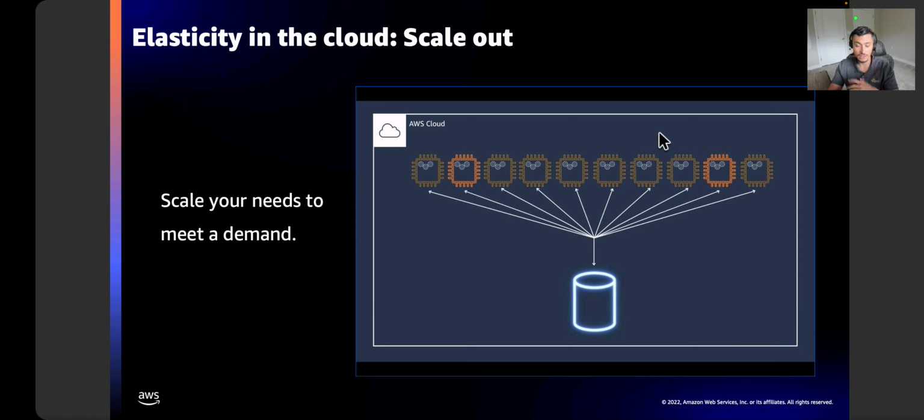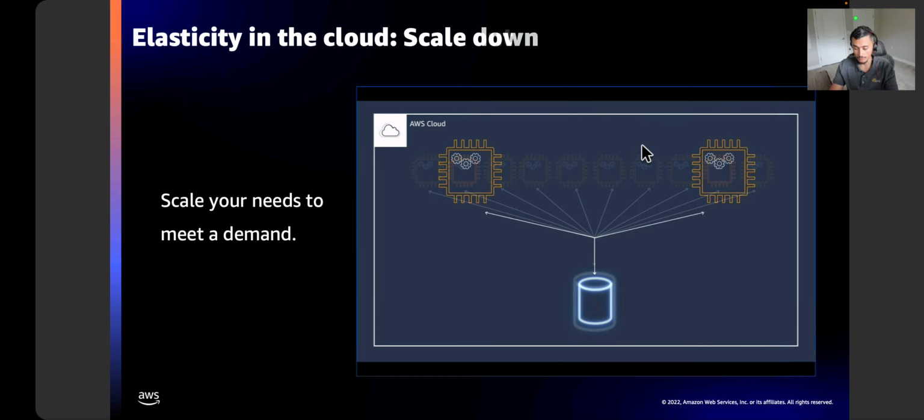Just take note that when we talk about scaling out, we're talking about increasing the number of nodes that run our application, as opposed to increasing the size of the node, which would relate to vertical scaling. Not only can we scale out when our traffic goes up, but the cloud also allows us to quickly scale back in, terminating and decommissioning those resources when we don't need them, because we don't want to pay for resources that we're not using.